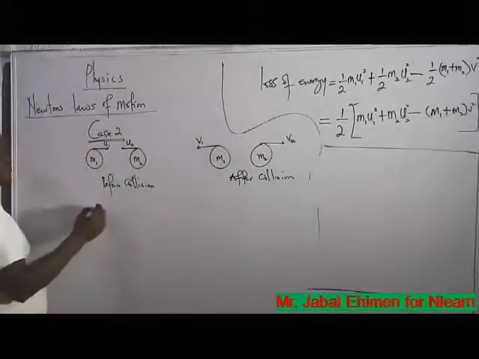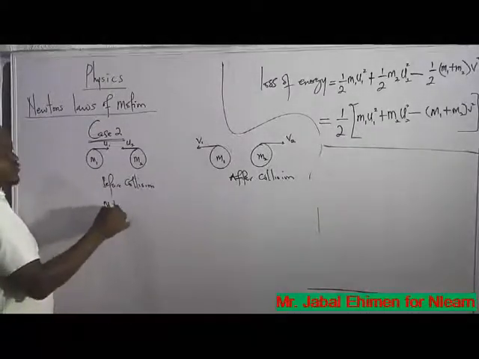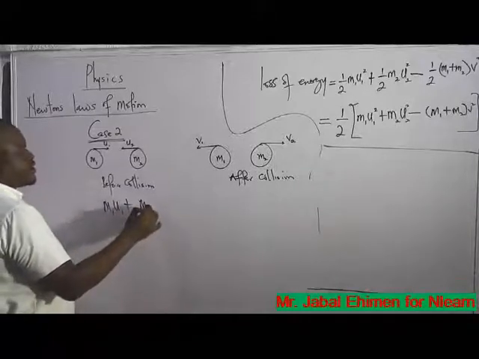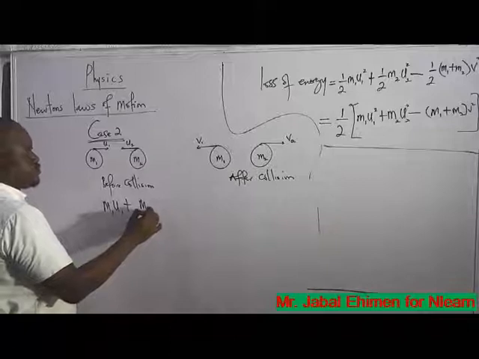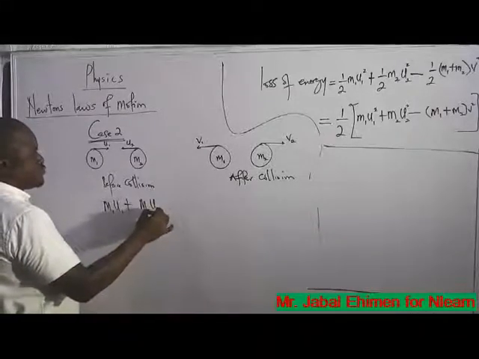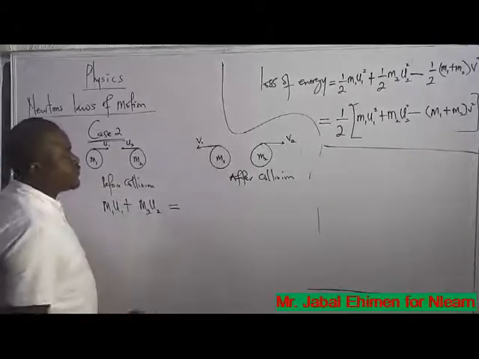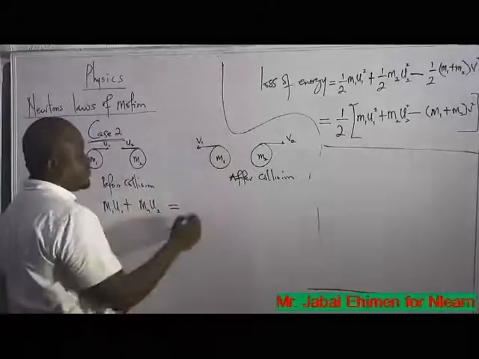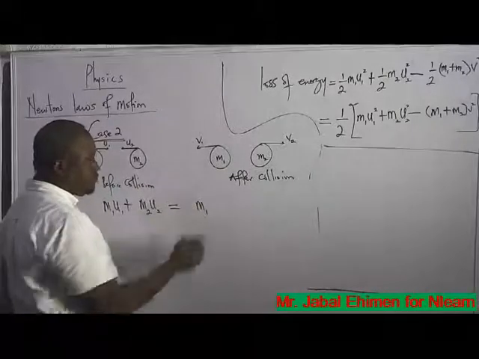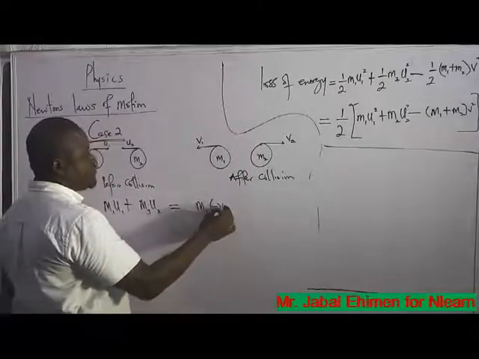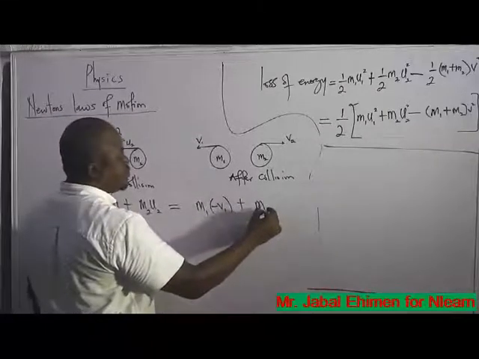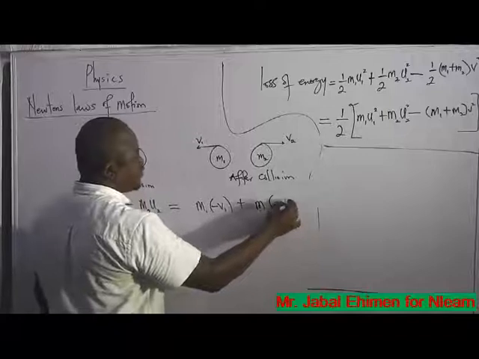Let's see the sum of the first here. You have M1 U1 plus M2 U2 is equal to, in this case, M1 minus V1 plus M2 minus V2.